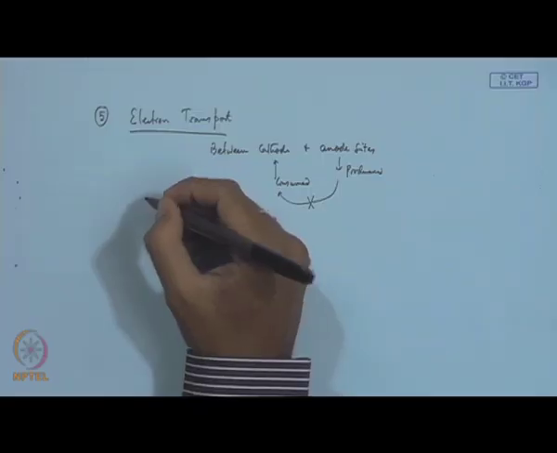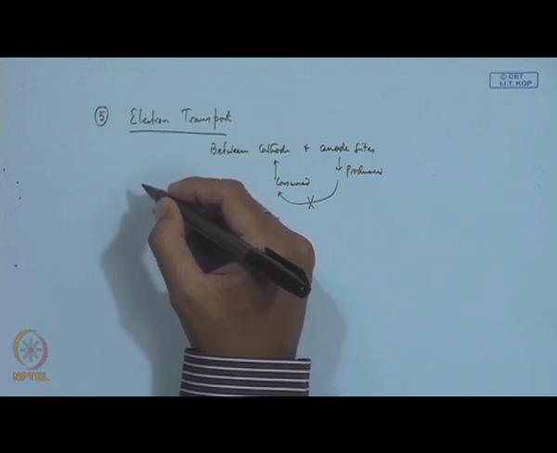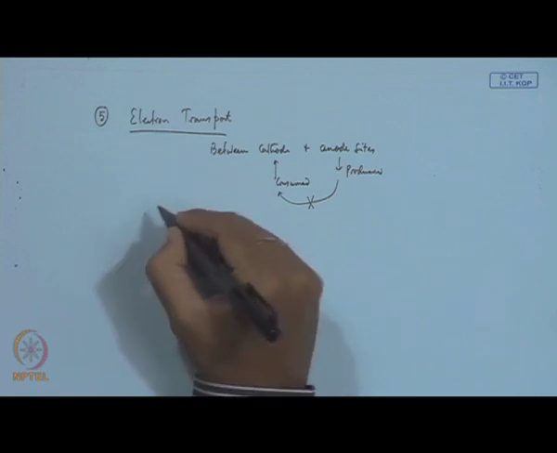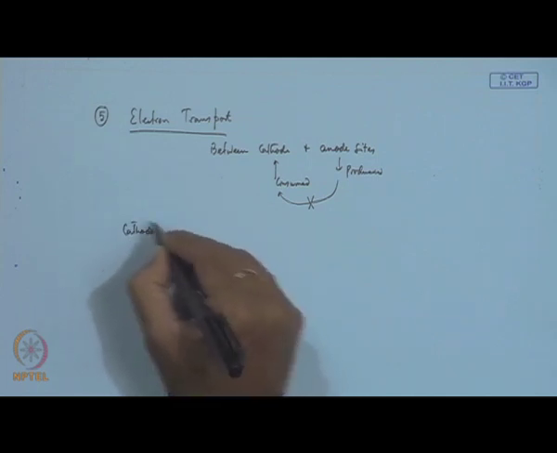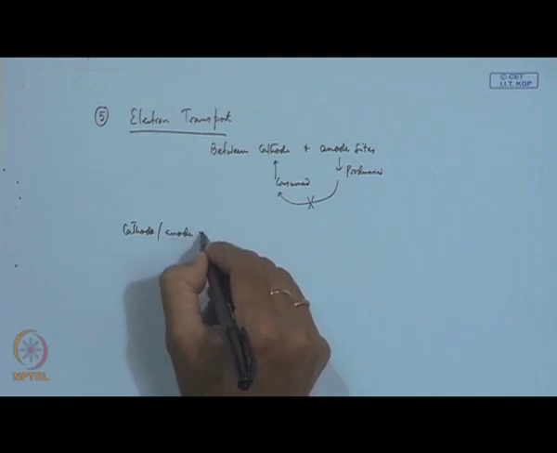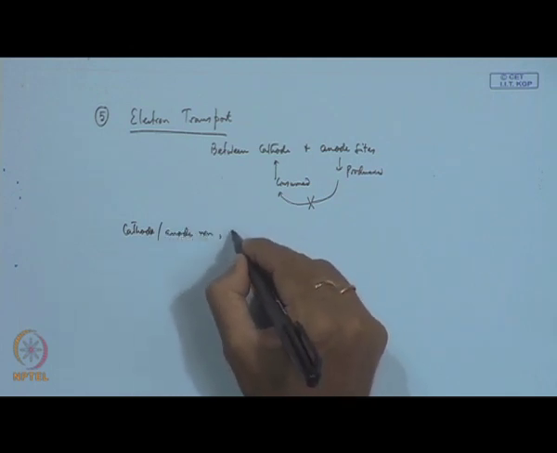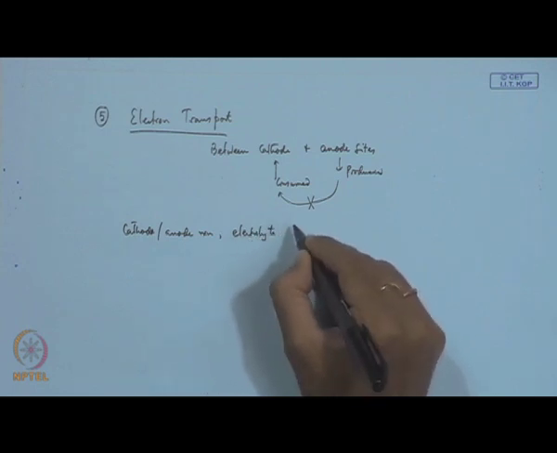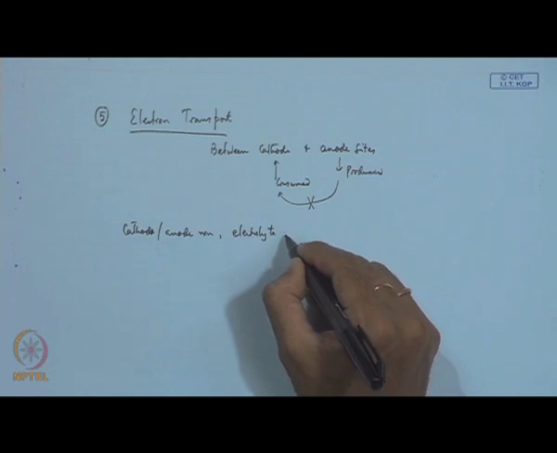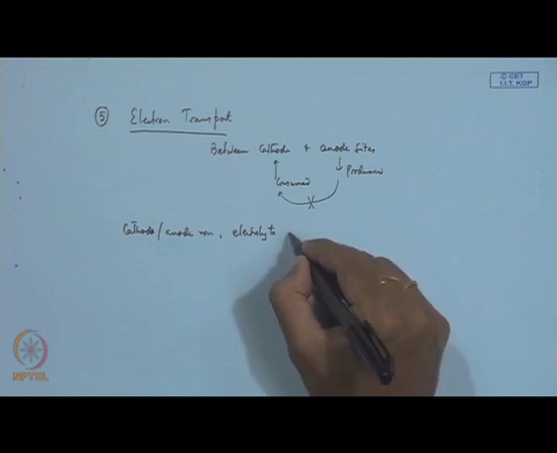So that means your half cell reactions, the cathode side, ion transport, electron transport, these are important points. So, like cathode and anode reaction, electrolyte, then electron transport.